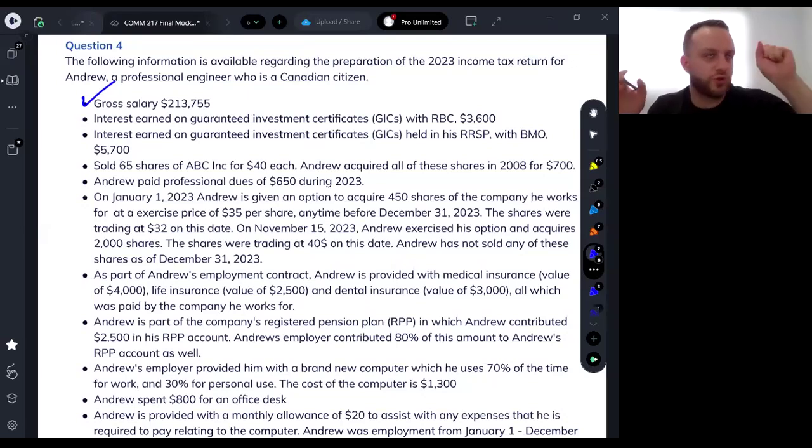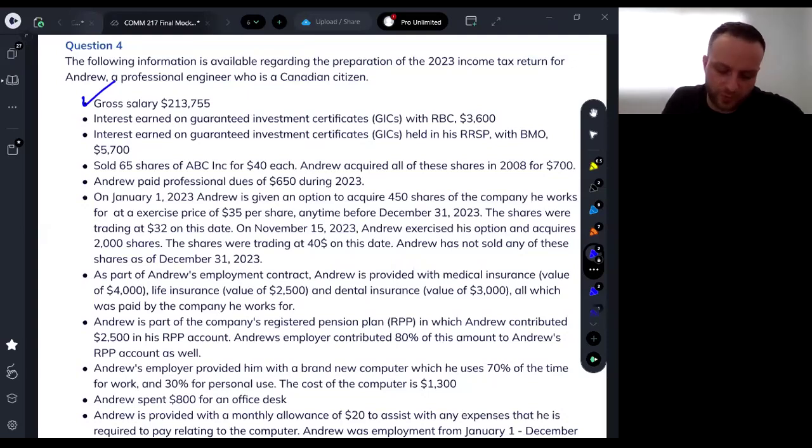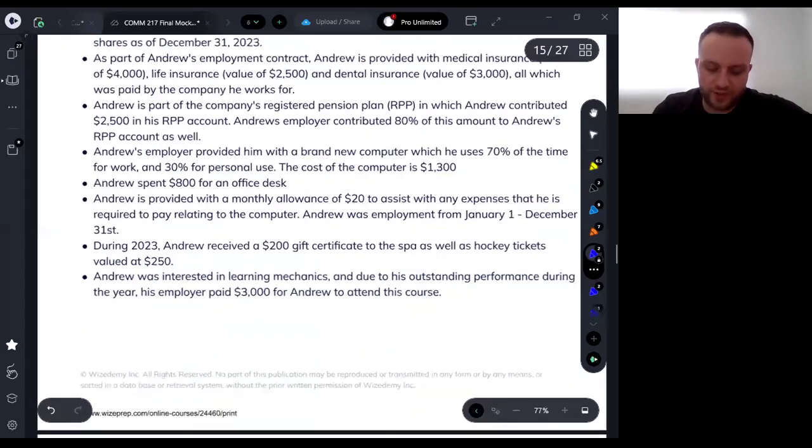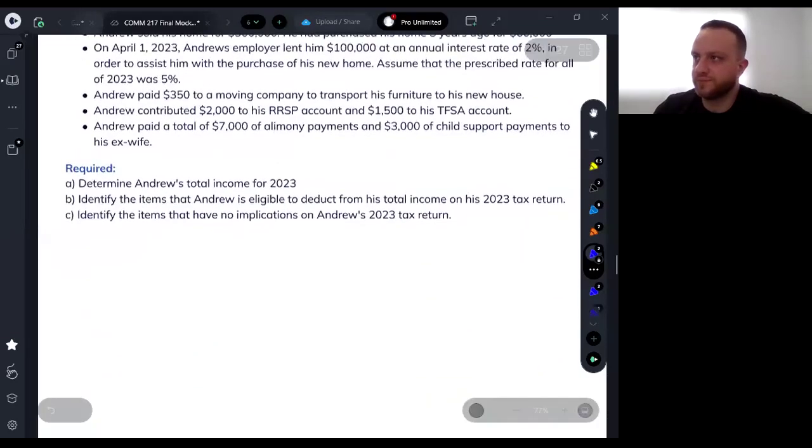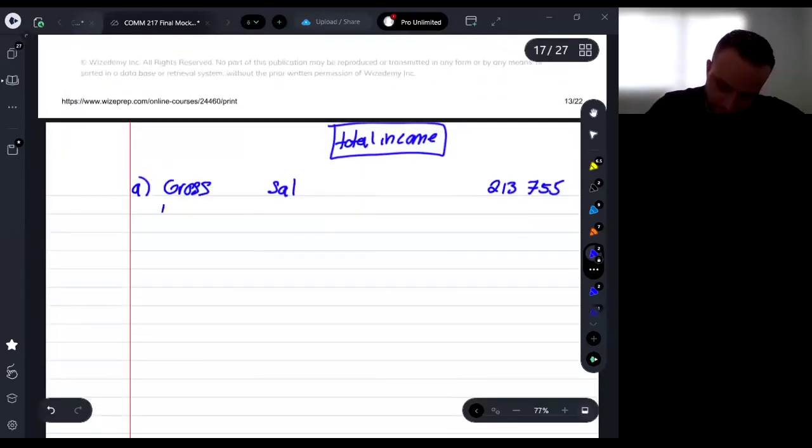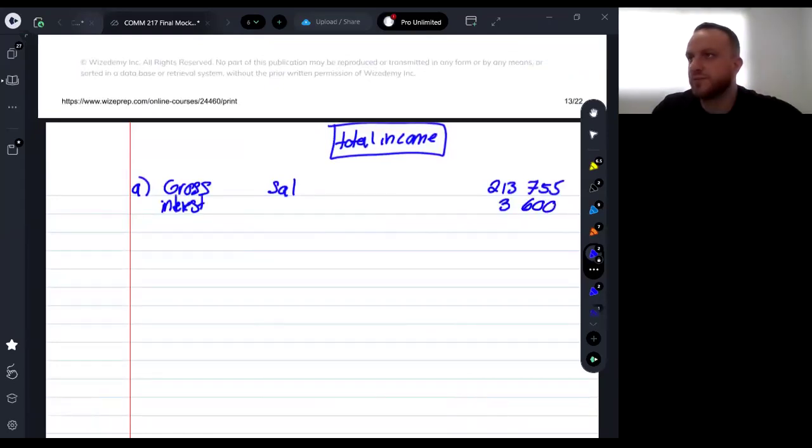Here, this is just interest, where you take money, you lock it in, and that's it. See the difference? Yeah. Cool. Like this would be capital gains over here. Okay. I thought it was the same thing. You know, these are different. So we have interest of 3,600.